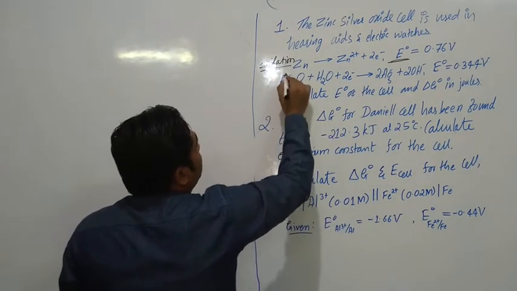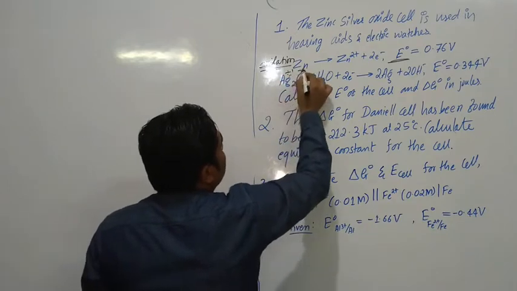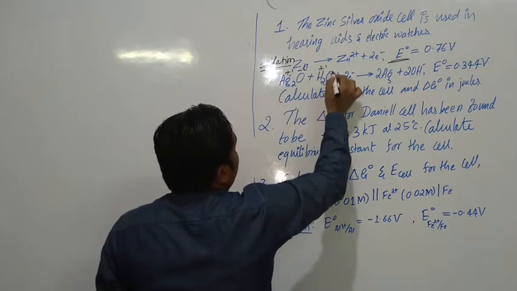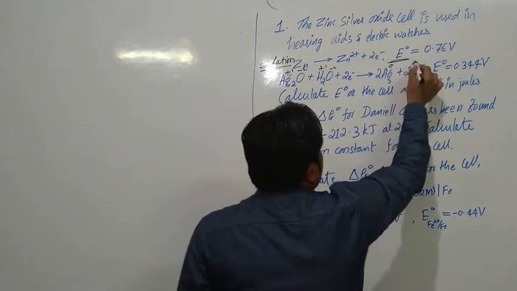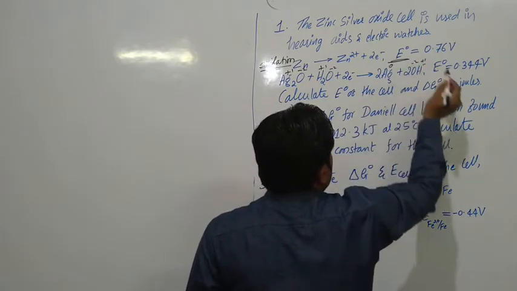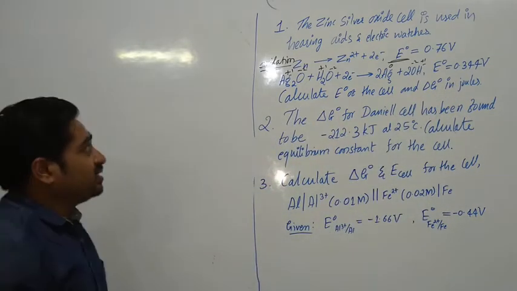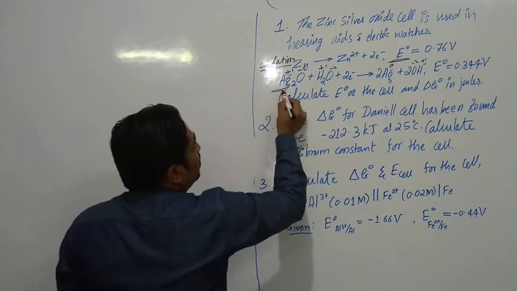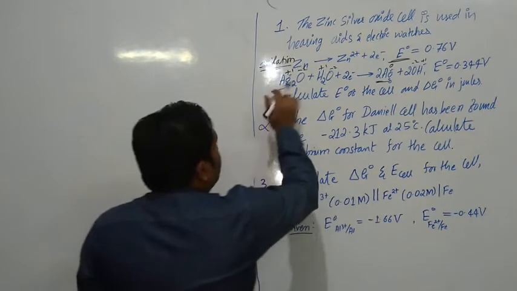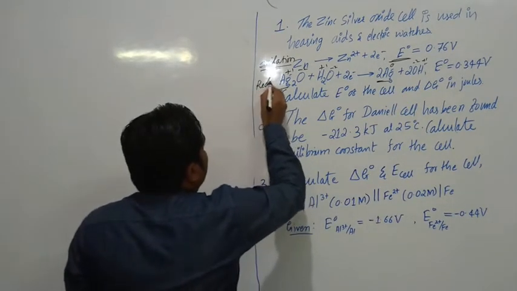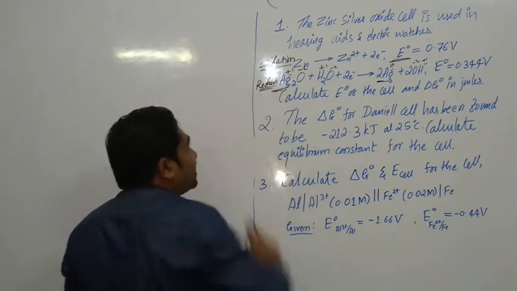Silver here is +1, oxygen is -2, hydrogen +1, oxygen -2. Here silver is 0, oxygen -2, hydrogen +1. So which is reduced? Yes, silver is reduced. Silver +1 is converted into 0, which means it is reduced. So the given reaction is a reduction reaction.